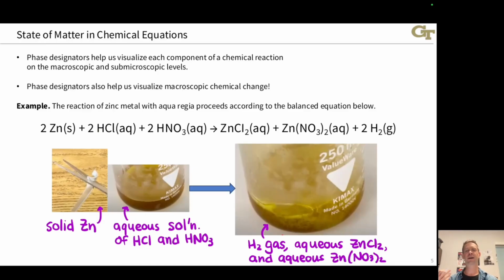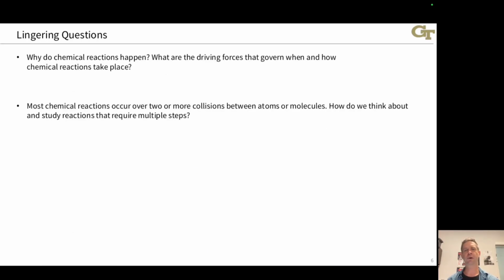And you'll continue to build this mental Rolodex, if you will, of different reaction classes and reaction types, and keep in mind that you can use phase designators for both a submicroscopic and macroscopic understanding of what's going on in the reaction. Here are a couple of lingering questions that we'll leave this module with.